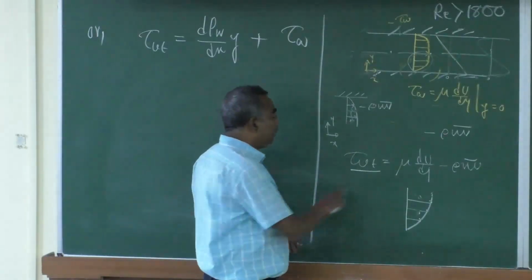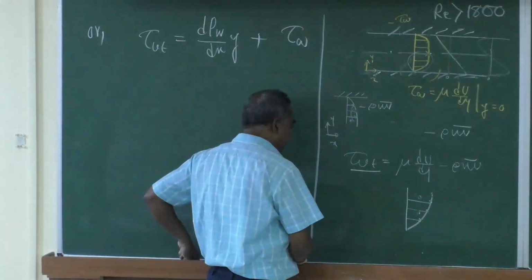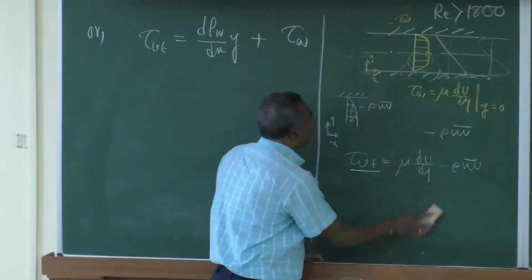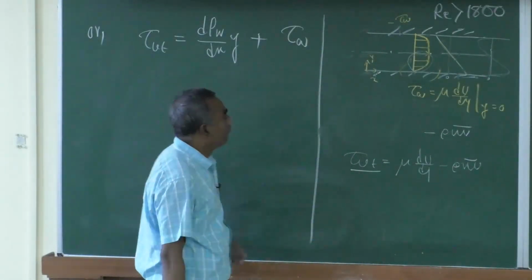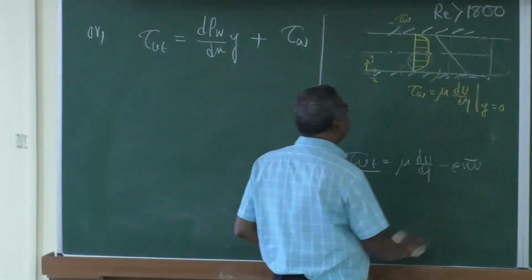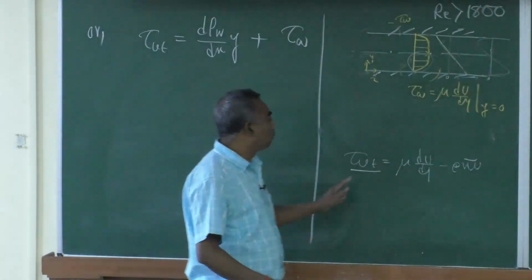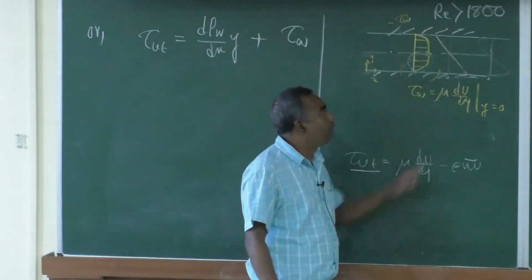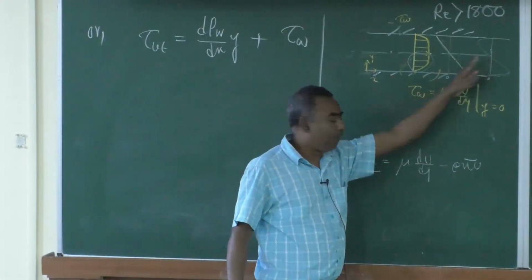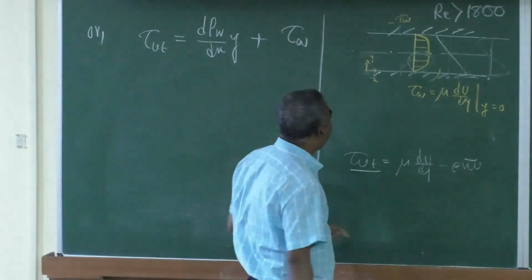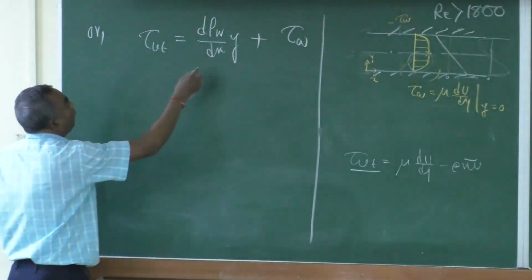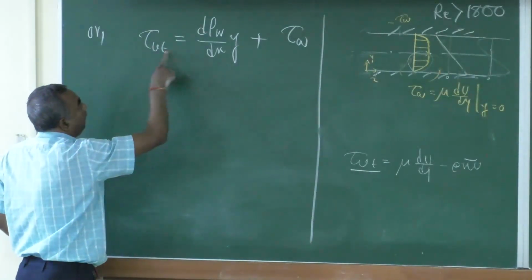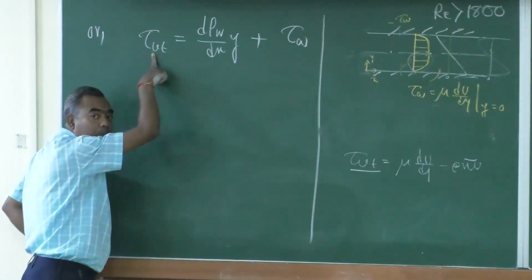As a result, this quantity tau_Vt is essentially asymmetric about the central line. Since it is asymmetric about the central line, the total stress has to be 0 at the central line. That means, from this equation, if you put y equal to delta, your tau_Vt at y equal to delta is 0.